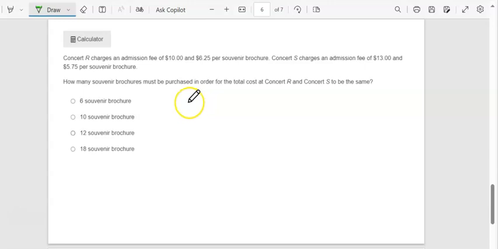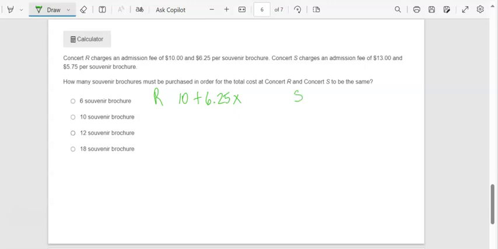Concert R charges an admission fee of $10. So it's going to be the 10 and $6.25 per souvenir brochure. So plus, we don't know how many souvenir brochures. We just know they're going to be $6.25 each. So that X is the unknown. It's our variable.